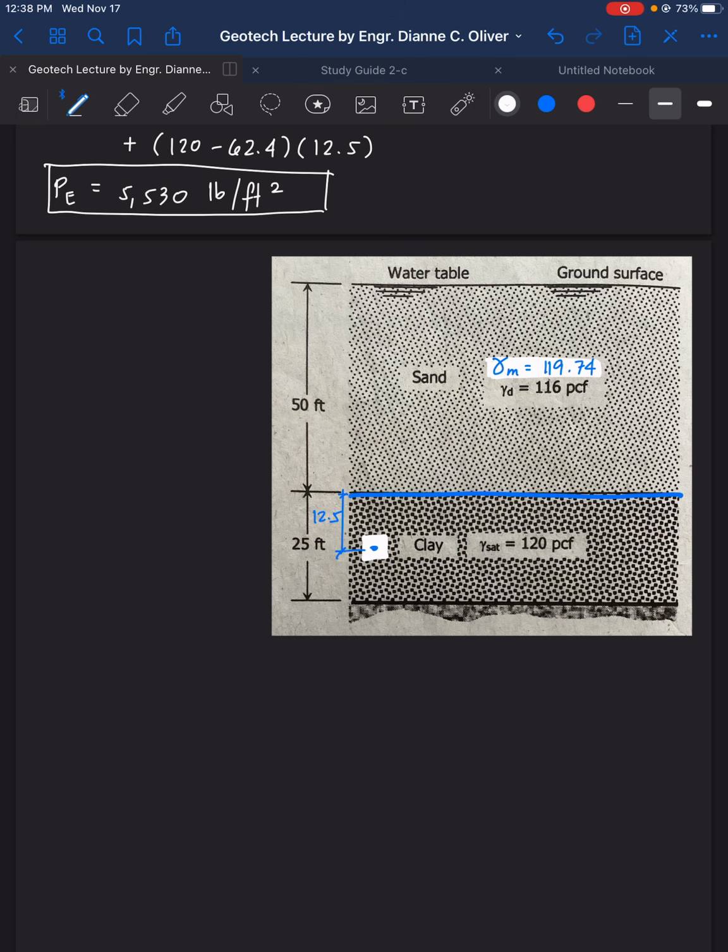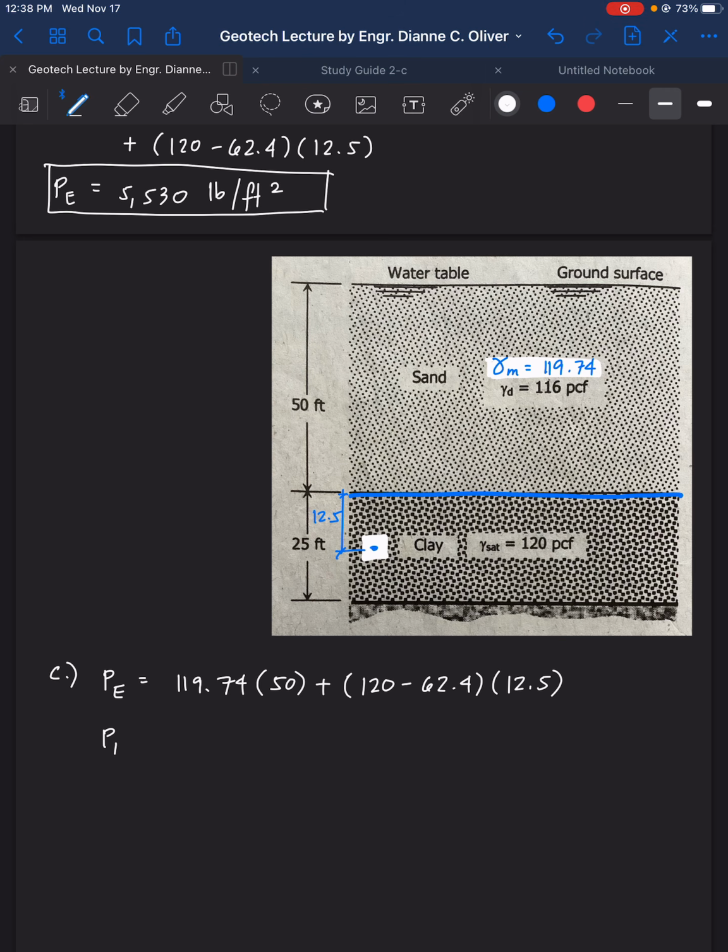So for letter C, P effective is now equal to the gamma moist of 119.74 times 50 plus the saturated unit weight of clay, 120 minus the water, multiplied with the mid height of the clay layer, 12.5.